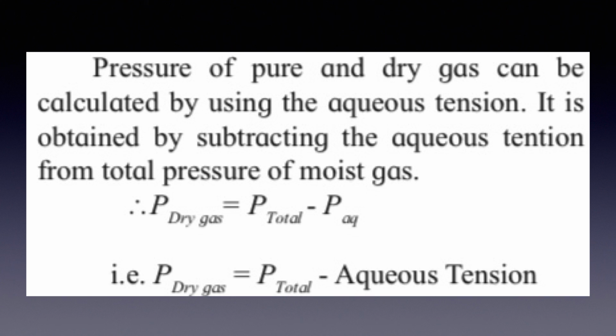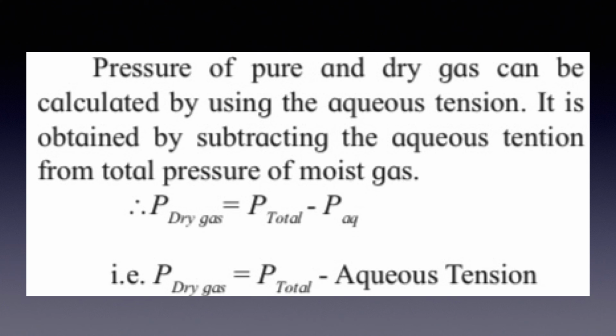It is obtained by subtracting the aqueous tension from the total pressure of the moist gas. Always remember, P aqueous at a particular temperature remains constant. So it will be easier for us to understand how to find the pressure of the dry gas.